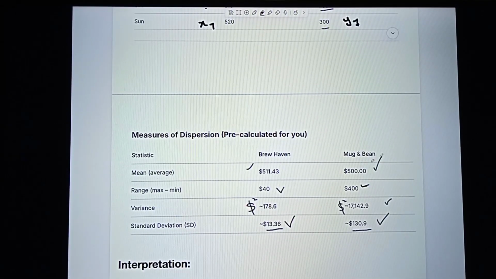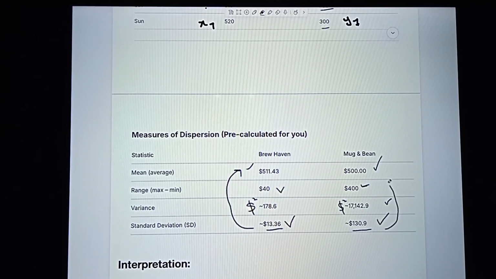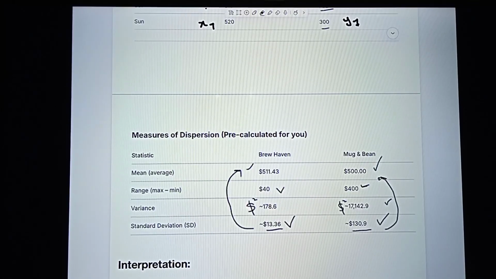So this is close to average and this is far from average. Breve Haven's lower standard deviation means less risk and more predictable sales. It means Breve Haven's daily sales don't change much from day to day. If today's sales are around $500, then tomorrow's sales are likely to be close to that amount.